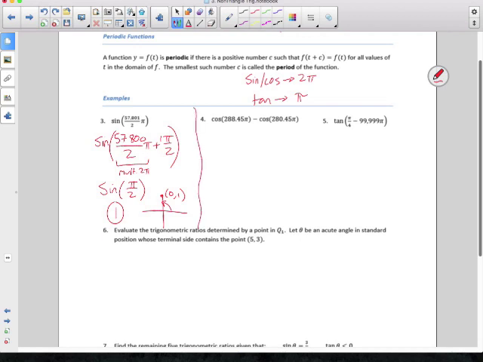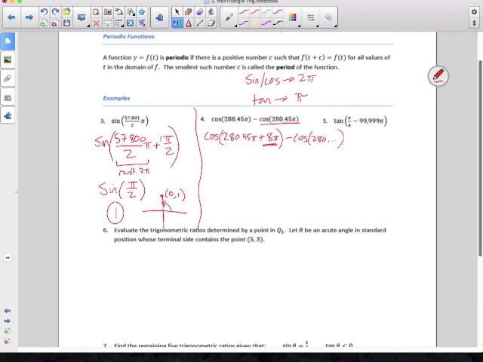Same idea here. What I'm going to try to do is that there are 2 separate ones. I want to actually see if I can make a cosine of 280.45 pi, because then I could just subtract them and it would cancel everything out. So that's what I'm going to do with this first one. I'm going to break it up and say it's really cosine of 280.45 pi plus 8 pi minus the second cosine of 280.45 pi.